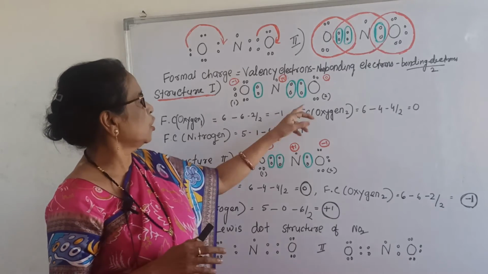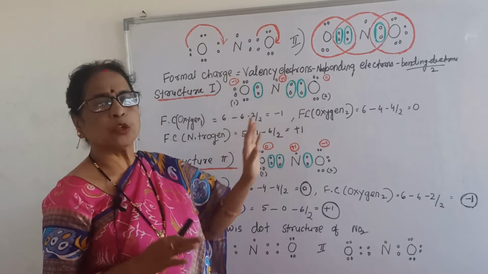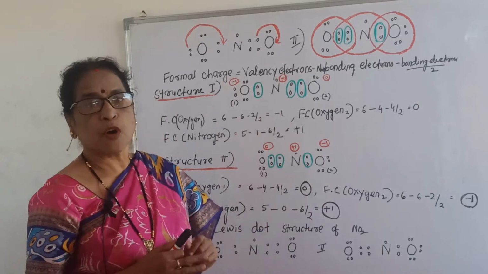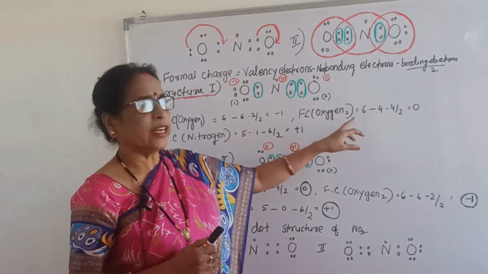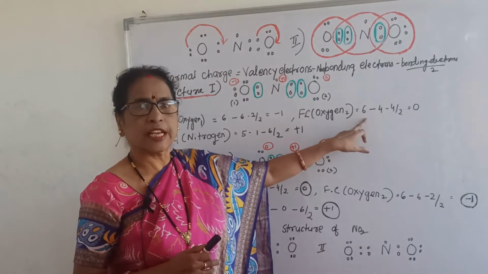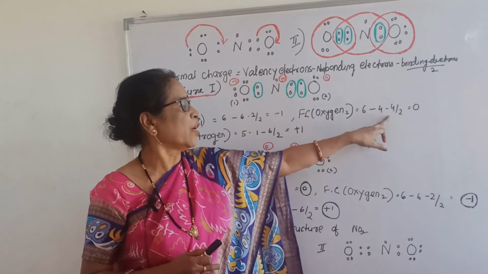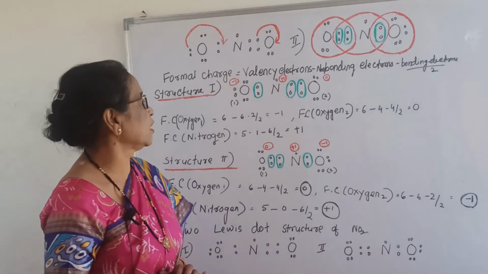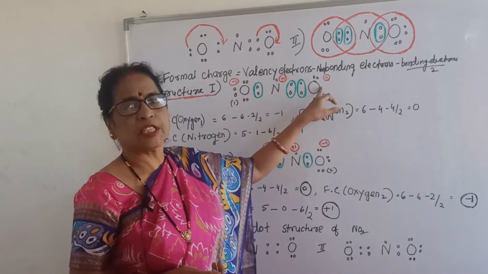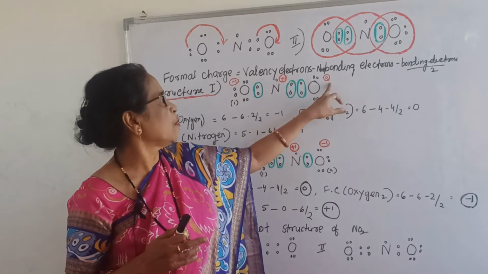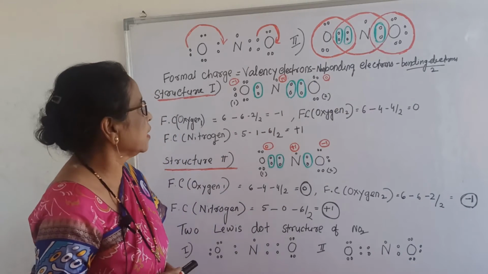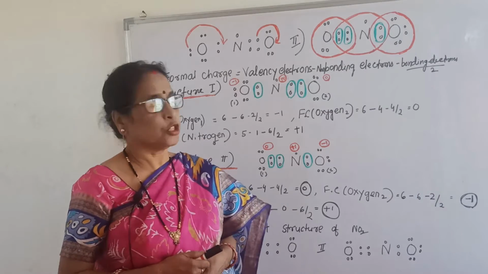So I put here minus 1 in red color, that is the formal charge for this oxygen. And similarly oxygen 2, where you can see there are two pairs of non-bonding electrons and two pairs of bonding electrons. According to the formula, valence electrons 6, non-bonding electrons 4, bonding electrons 4. So 6 minus 4 minus 4 by 2 is 0. That means for this oxygen the formal charge is 0, and I put 0 in red. That is the formal charge of oxygen 2.